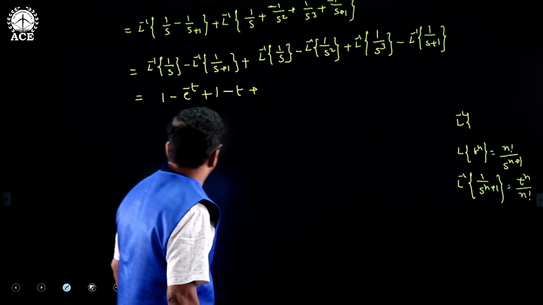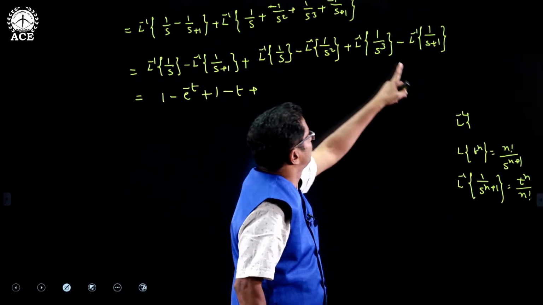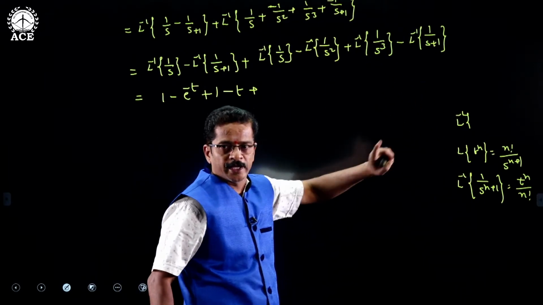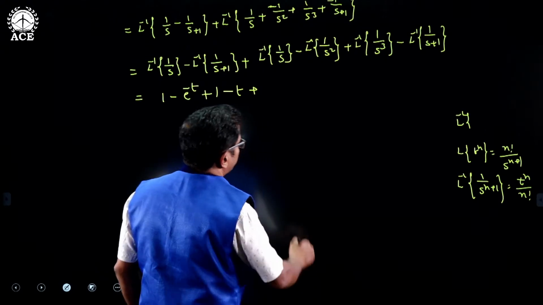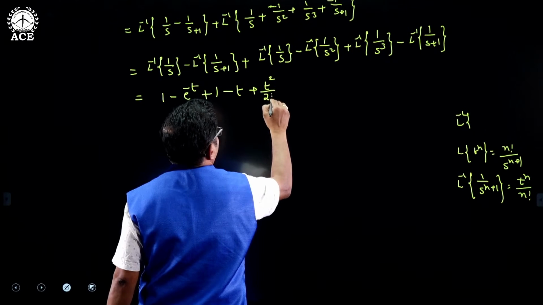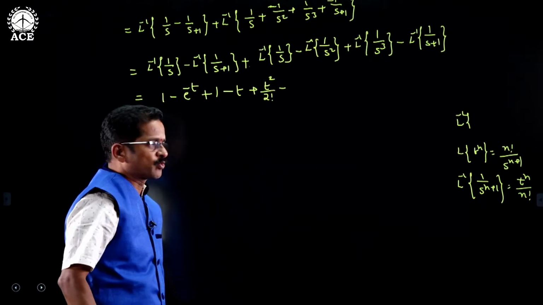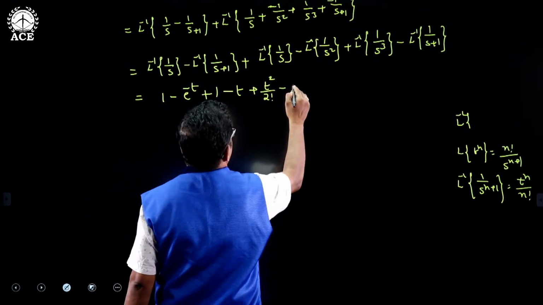That formula I use. Here n plus 1 is 3 in the place of s power 3, so n is equal to 2. So that is t square by 2 factorial. Minus L inverse of 1 by s plus 1 is again going to be e power minus t.